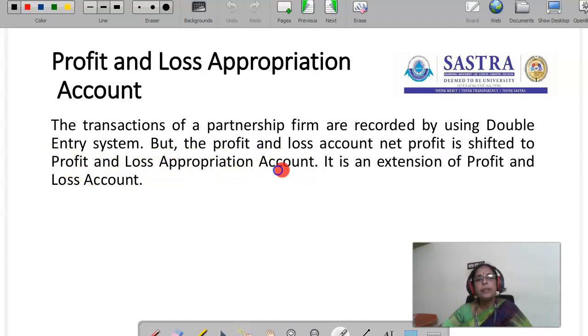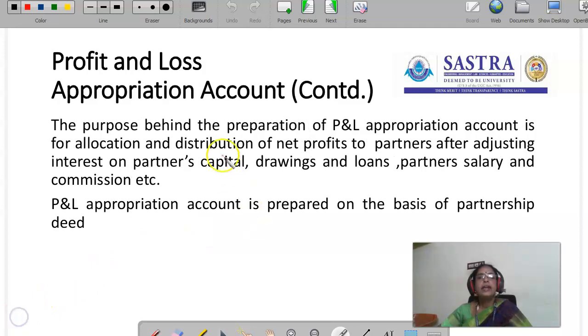So the P&L appropriation account has the P&L account as its basis. Net profit before adjustment is the base for the preparation of a P&L appropriation account. While preparing it, we have to consider interest on partner's capital, interest on drawings, interest on loans, partner salary and commission.